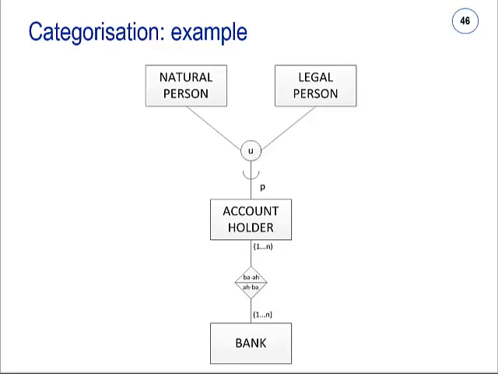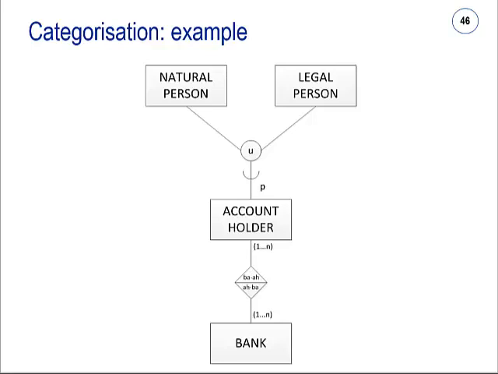The question now is, can we not solve this using a classical specialization generalization? Remember, in order to solve it with a classical generalization specialization, you need to apply the idea of the is-a test. Let's see whether it works out in a particular way.